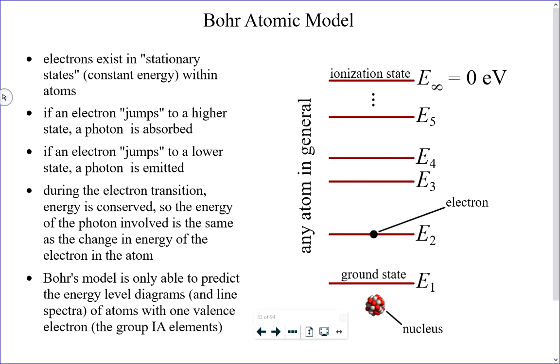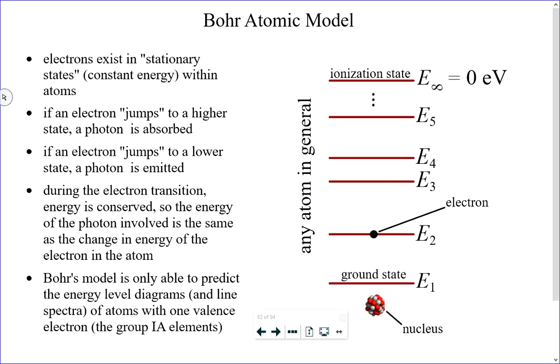But this can be any nucleus, and every atom has a ground state, and every atom has an ionization state. And this series of three dots near the top of the energy level diagram is telling you that mathematically and in principle, there are an infinite number of energy levels. They get closer and closer to each other as you go further out, no matter the atom.